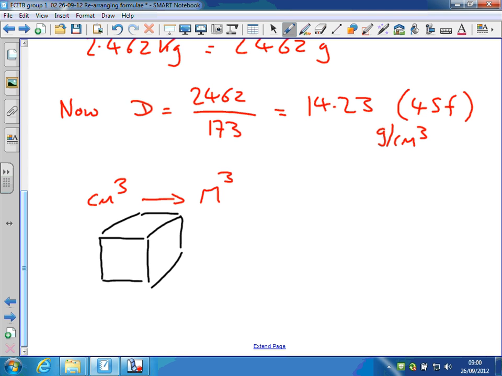So how many cubic centimetres are there in a cubic metre without using a calculator? What's 100 times 100 times 100? 1,000,000. Which is 10 to the 6. There's 10 to the 6 cubic centimetres in a cubic metre. So to convert that to cubic metres, I would need to divide by 1,000,000.